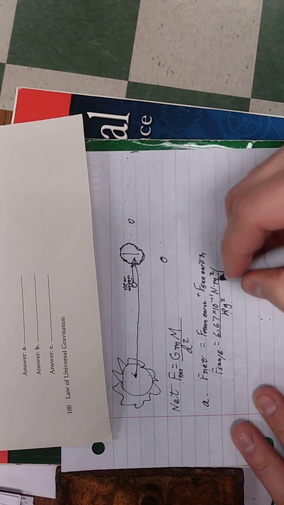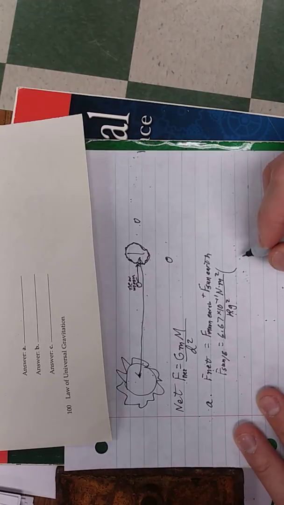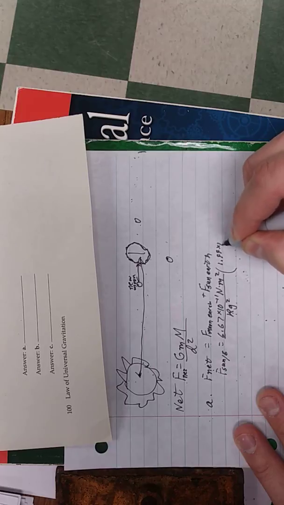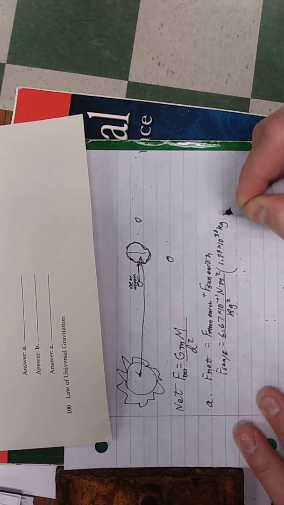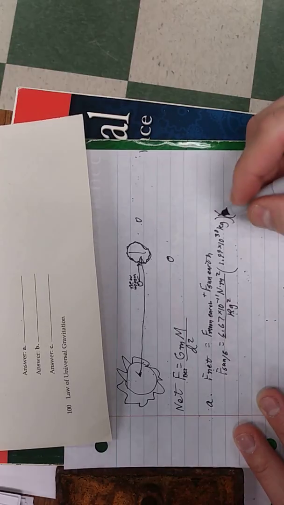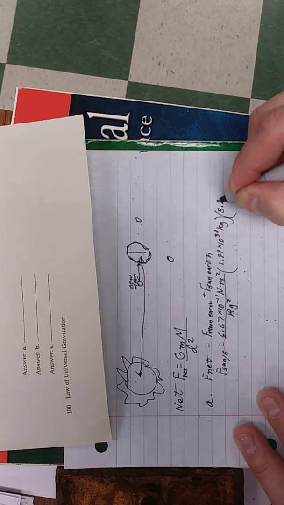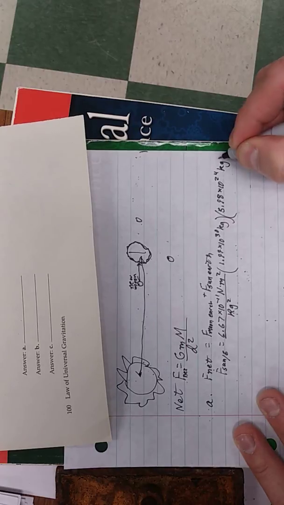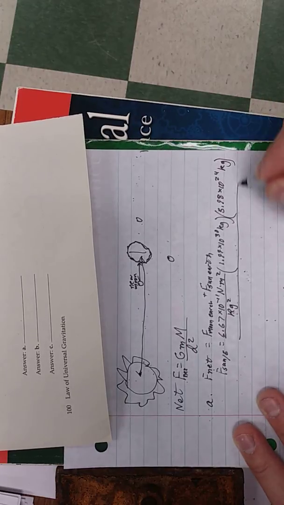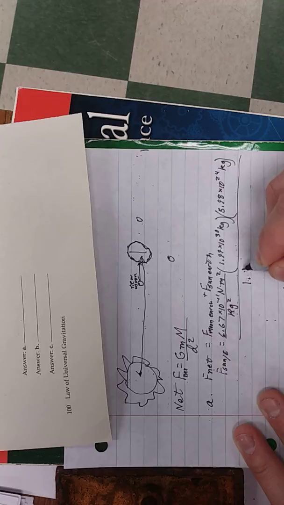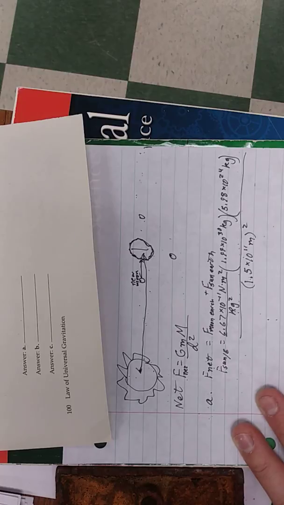Go ahead and pick one of them first, say the mass of the sun, which the problem gives us at 1.99 times 10 to the 30 kilograms. And the mass of Earth in the problem is 5.98 times 10 to the 24 kilograms. All divided by the distance between the Earth and the sun, which is 1.5 times 10 to the 11th meters, and we're going to square that.